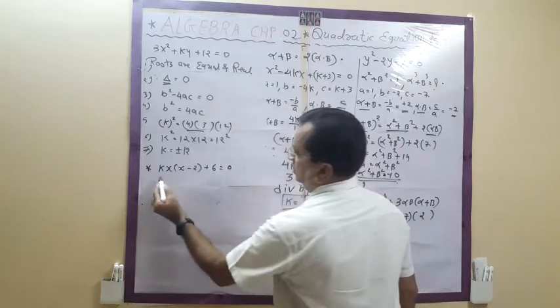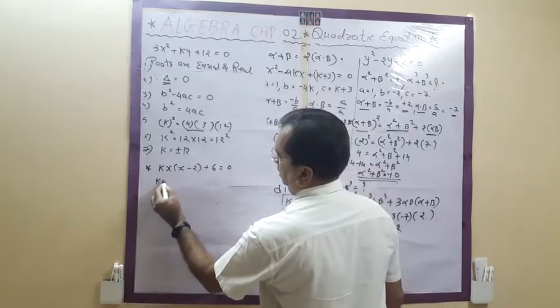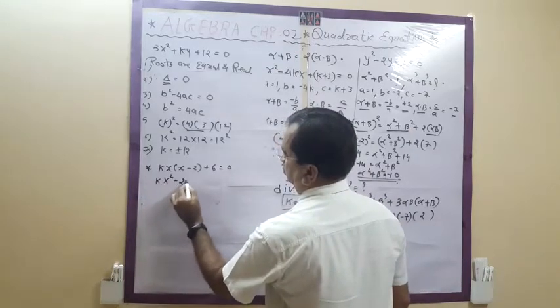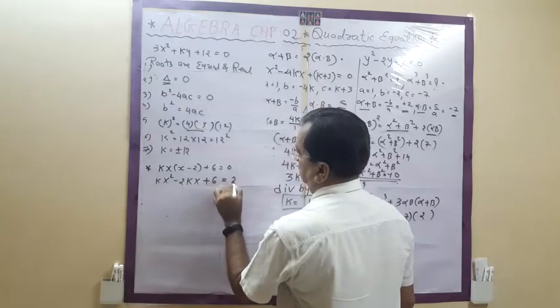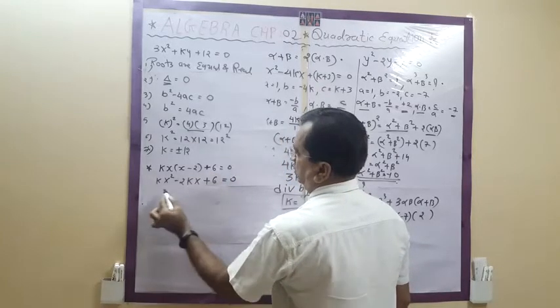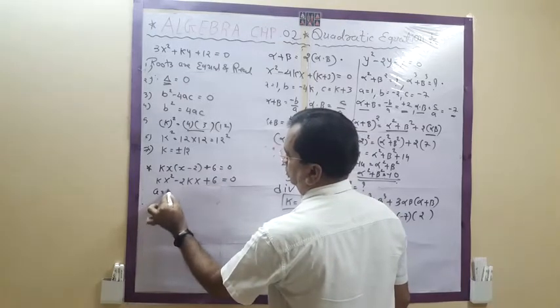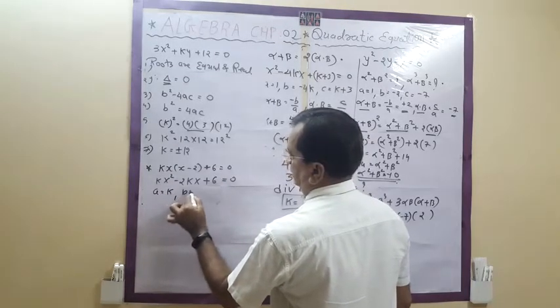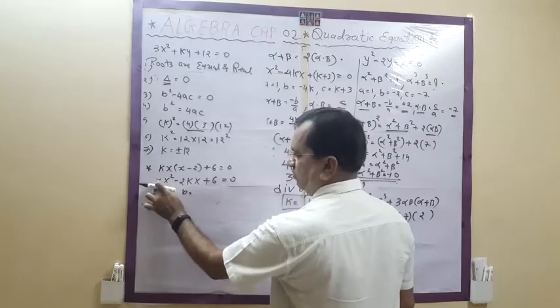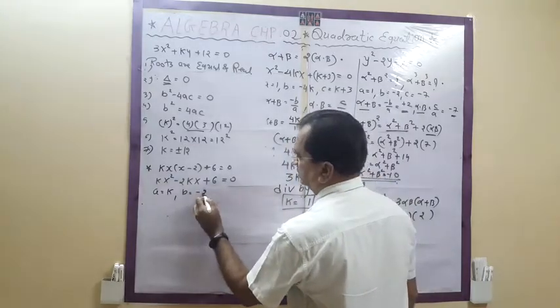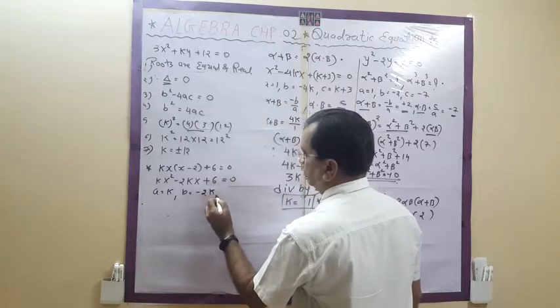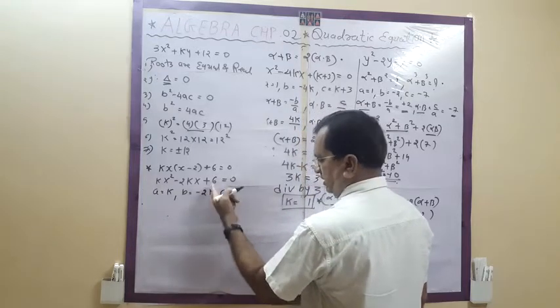Again same. So find out kx square minus 2kx plus 6 is equal to 0. So a is equal to only k. Remove x square, whatever remains is a. Remove x only, whatever remains is b. Remove, c is the last number.